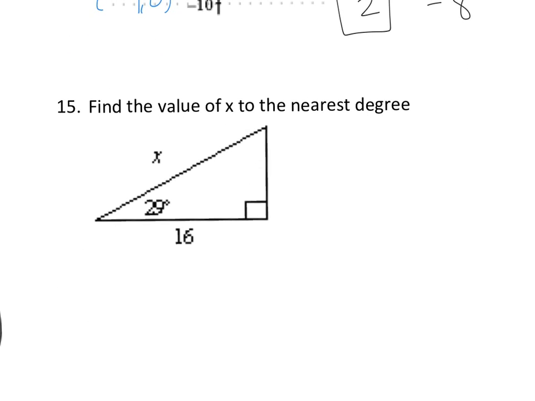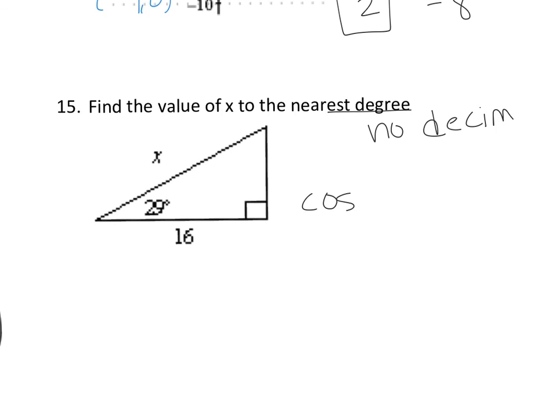And then number 15, find the value of x to the nearest degree. Nearest degree means no decimals. So I have a right triangle and I have a side length, angle, and a side length. So I'm going to use SOHCAHTOA. So I'm going to use cosine because I have adjacent.